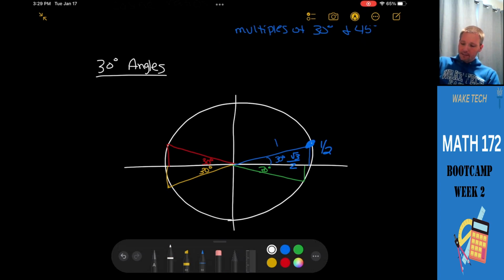Those are literally the dimensions we just labeled, the side lengths on this circle. To get to that blue point on the circle, we should travel the square root of 3 over 2 units to the right and half of a unit up. So if you look at the circle I put in the chat, that's where that ordered pair comes from for the 30-degree angle. What's interesting, or questions about that?